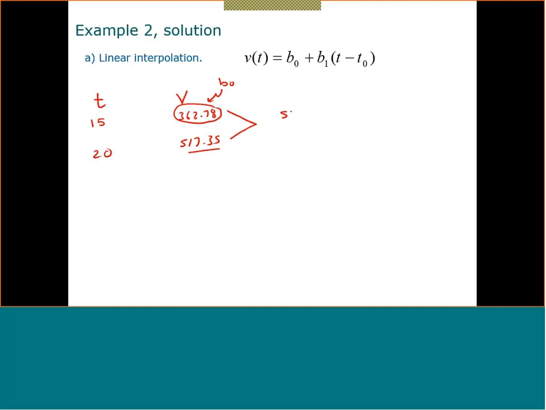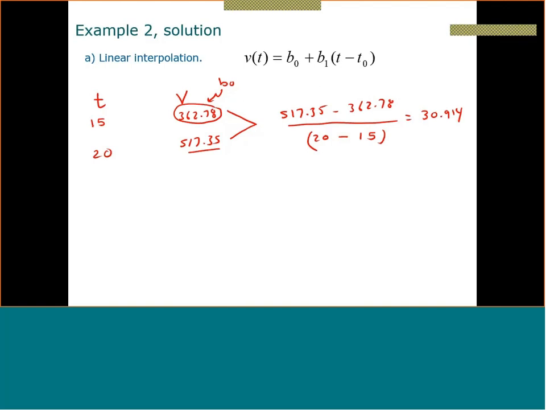So it becomes 517.35 minus 362.78 divided by 20 minus 15, and this is equal to 30.914.